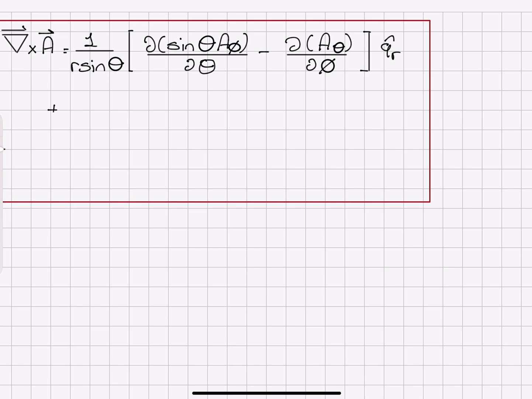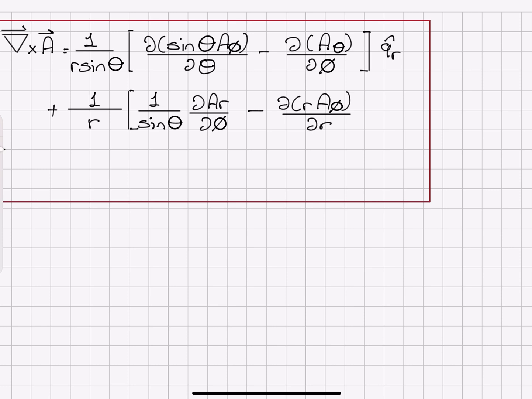Then we have plus 1 over r, parentheses, 1 over sine theta, del A_r del phi, minus del r A_phi del r. Remember, sine theta was cancelled out for this term. So we have q_theta hat.